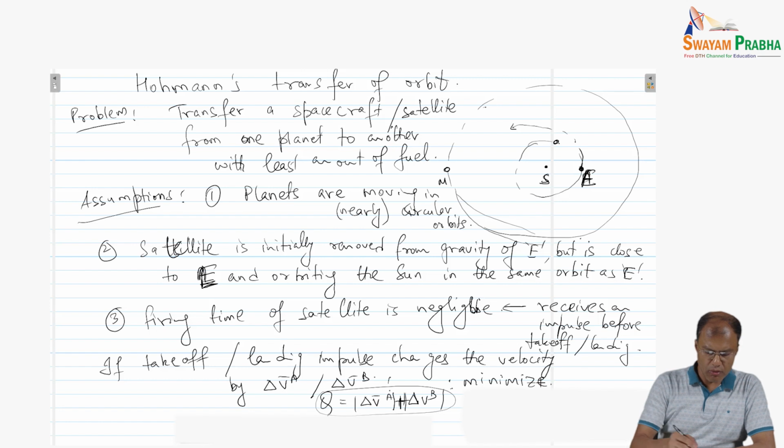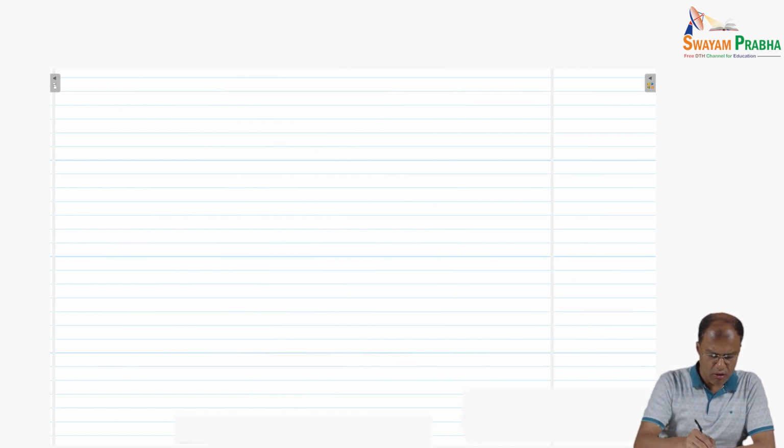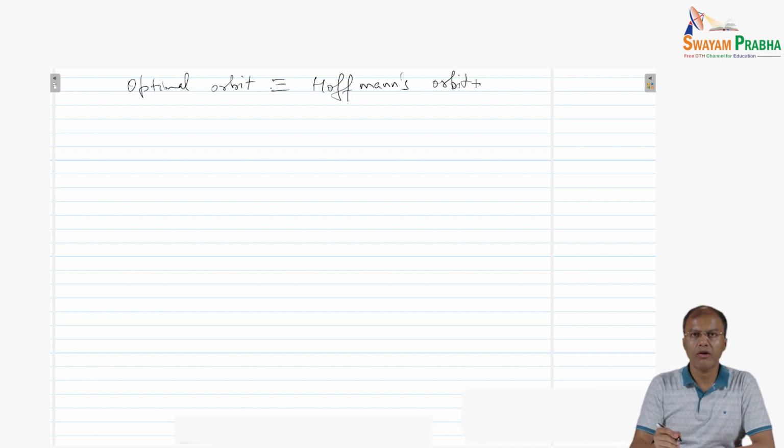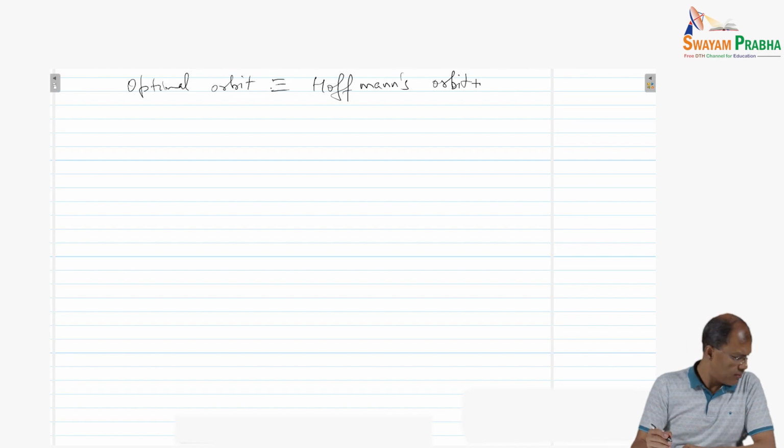And so that brings us to our optimal orbits, or the so-called Hoffman's orbit. So the optimal orbit is the Hoffman's orbit, right? Hoffman's transfer orbit, which consumes the minimal fuel, or the impulse for which is the minimum.